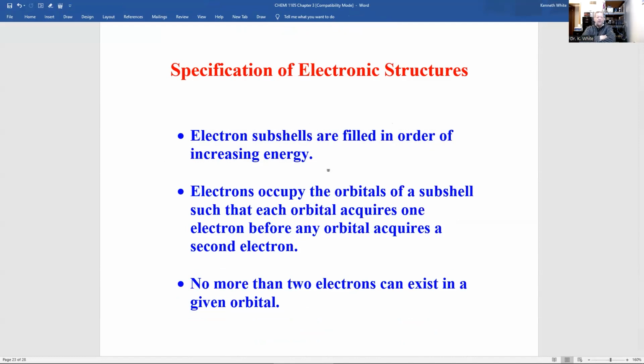Now here we talk about orbitals. So for this second bullet, electrons occupy orbitals of a subshell such that each orbital acquires one electron before any orbital acquires a second one. And that's called the bus seat rule. Why the bus seat rule?